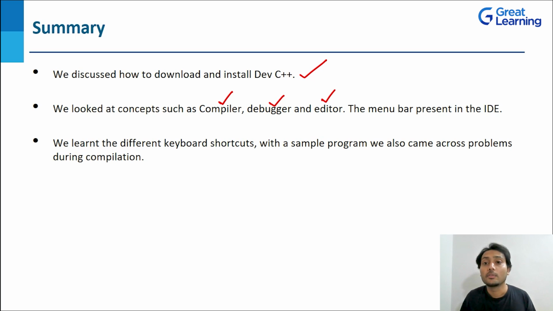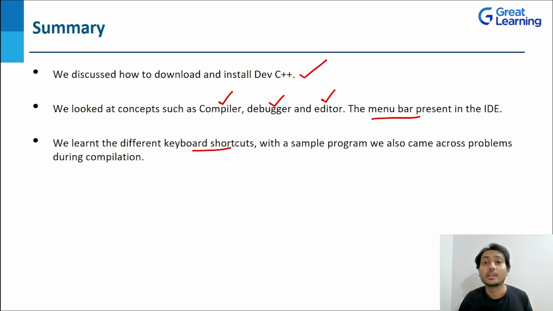Fine. And then we also saw the menu bar present in the IDE, wherein we have so many options: to save your file, to compile, to execute, the editor options, you can increase and decrease the font size, the themes, and many other things. Then we also saw some important keyboard shortcuts.